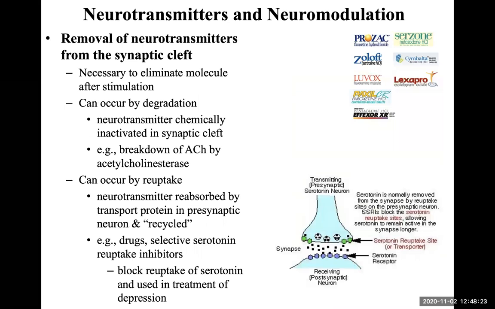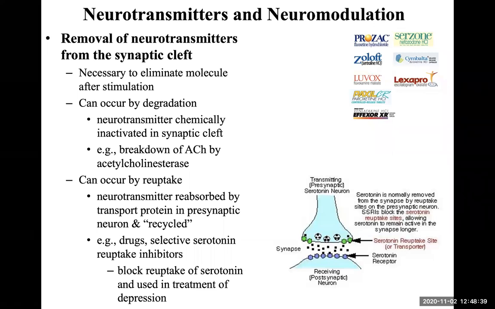Okay, so when it comes to modulation or controlling the effects of neurotransmitters, we've already talked about how it's very important that after they have caused their effect, they are removed from the synaptic cleft.